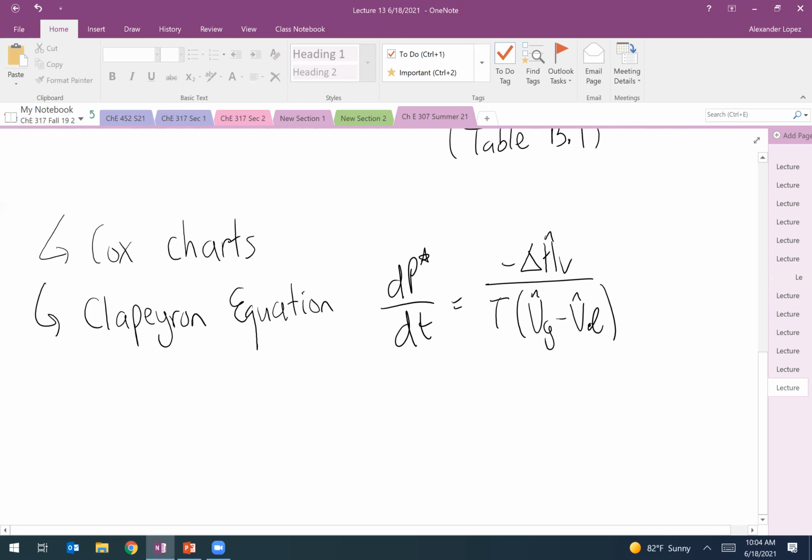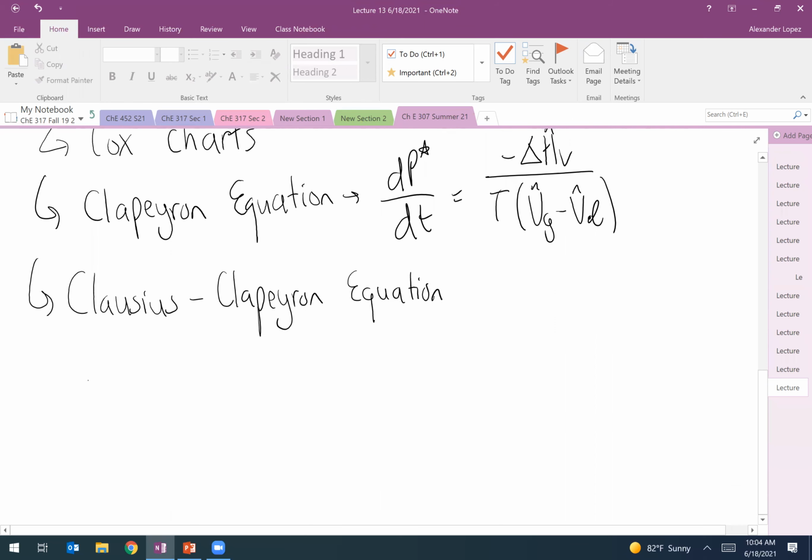And if we wanted to, because it's a little easier, we can also rely on the Clausius-Clapeyron equation, which states that ln of P star is equal to negative delta H V over RT plus B, where B was an empirical constant.